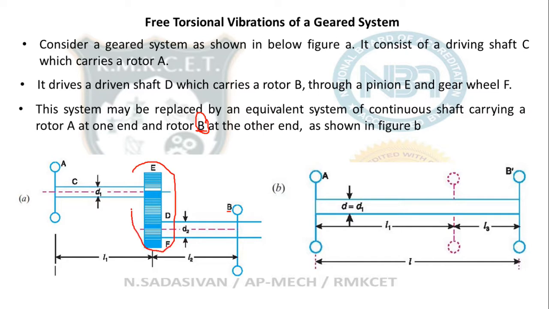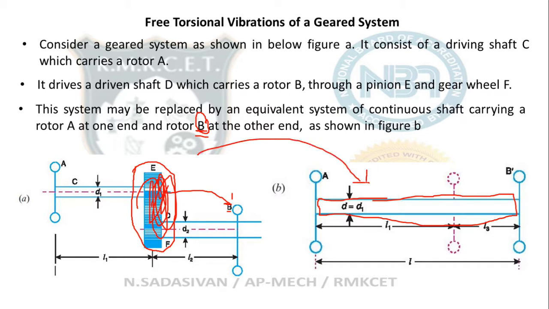I am eliminating the gear and replacing it with a single shaft, so that the extra torsional disturbance is added to this and we make it B dash, so that the net result is that both systems behave in the same way. That is the way of making an equivalent rotor B dash.